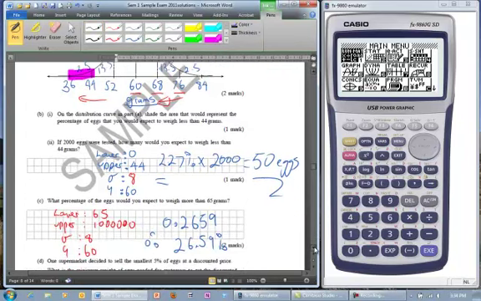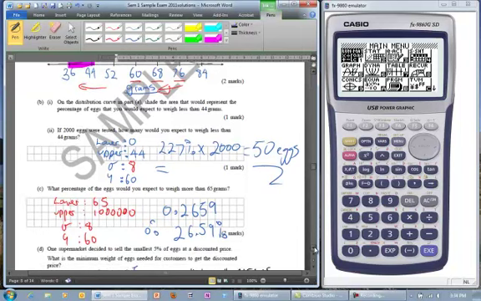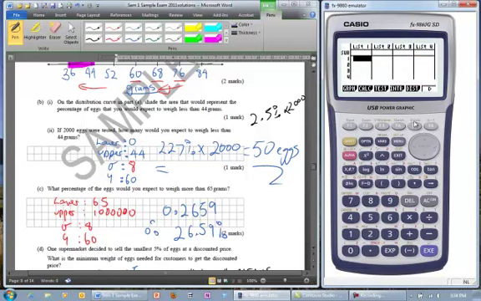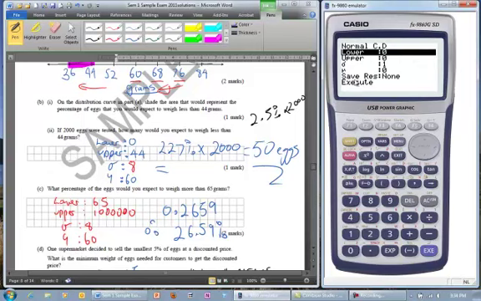If 2,000 of the eggs are tested, how many would you expect to weigh less than 44 grams? You can either go 2.5% times the 2,000, or you can use your calculator with the lower, upper, standard deviation and mean. If you can remember how that goes, you go into stats, then distributions, normal, which is F1, NCD, and you come up with the lower and upper.